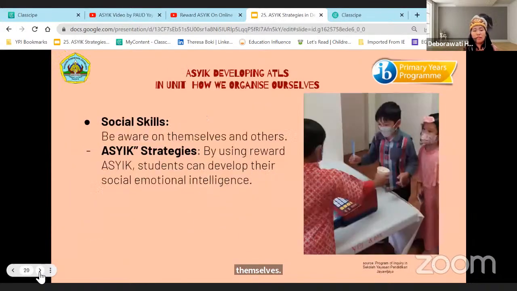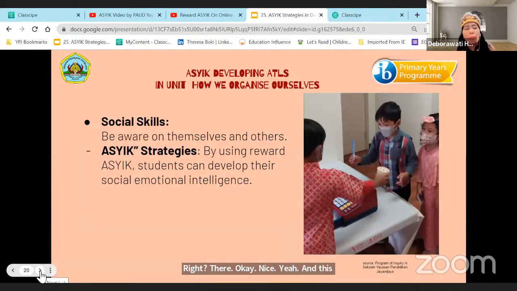Okay, next. Yeah, and this example is for social skill. Students can use their reward ASYIK when they come to another class.